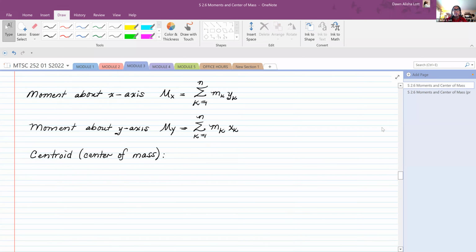So the x coordinate is going to say take the x moment and divide by the mass. And the y coordinate is going to say take the y moment and divide by the mass.